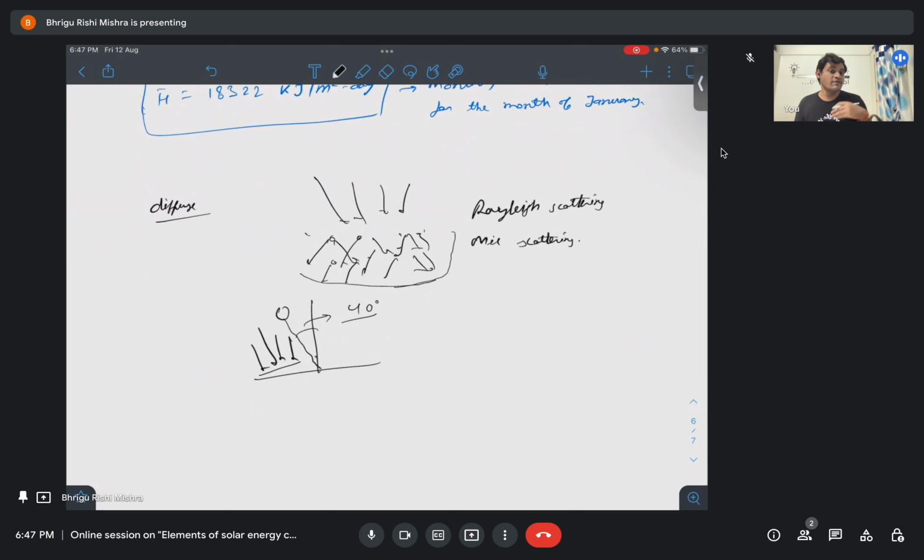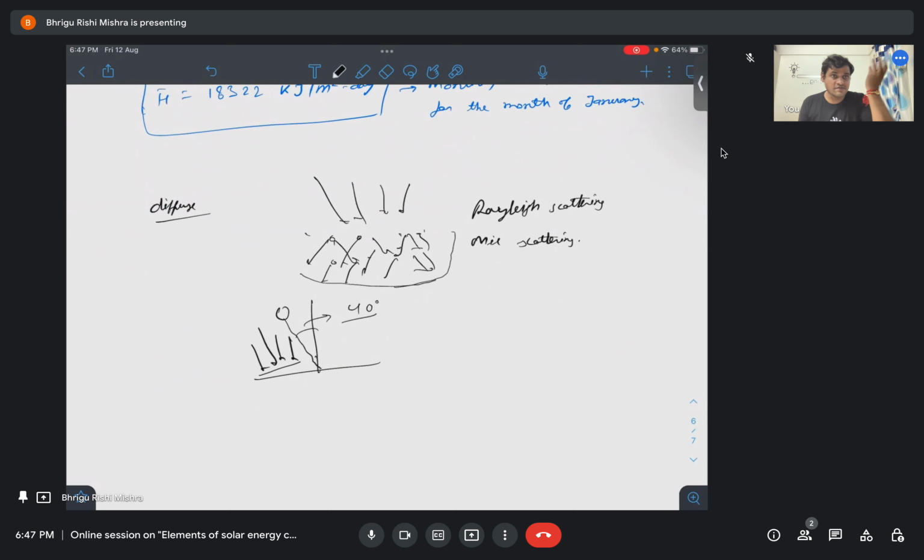Okay, it will also scatter not only from the dust particles or the aerosol concentration present in the atmosphere, but can also scatter from the surrounding material, surrounding anything. Even the ice can scatter or reflect the solar radiation.